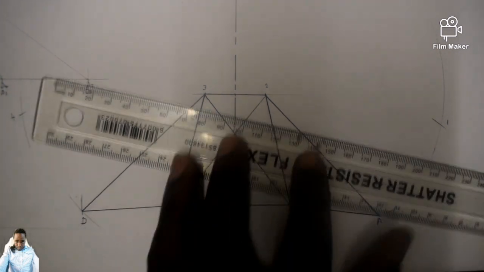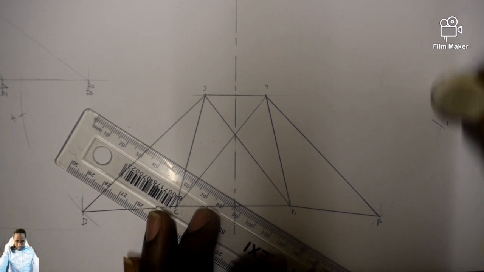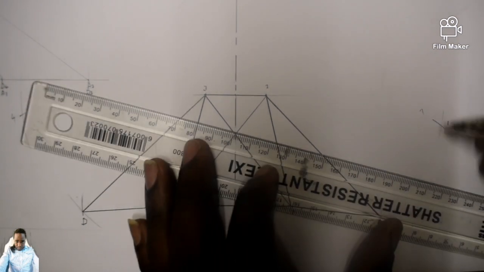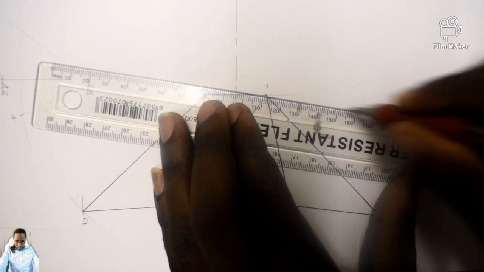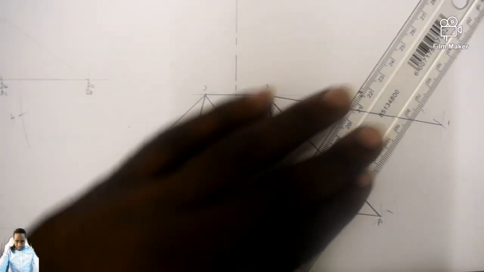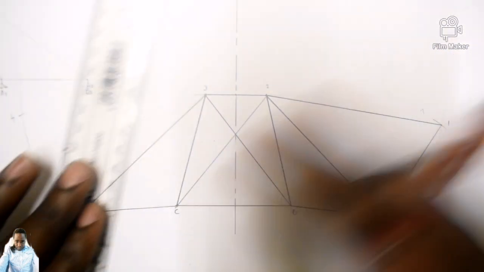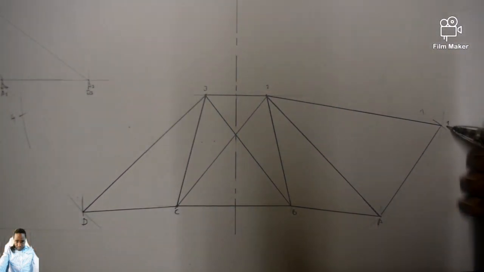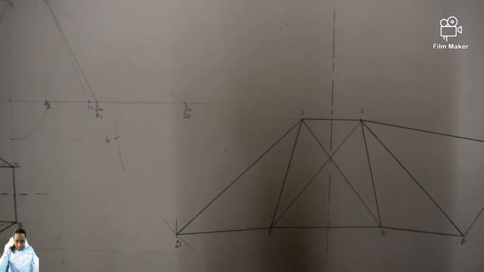So now you can erase it. Now it's too long, just erase it. So where they are bisecting each other, that's your point 1. So there you go, and there you go. So that's my point 1. So what you did to this side, you'll be doing it to this side.